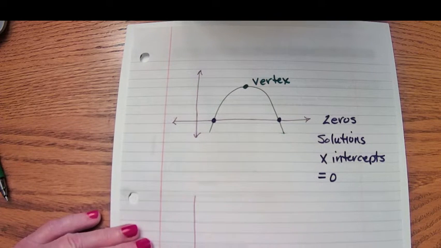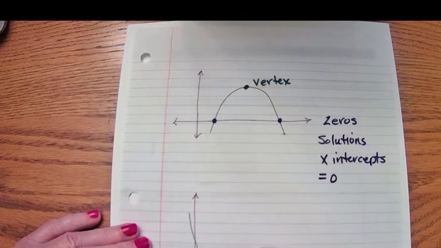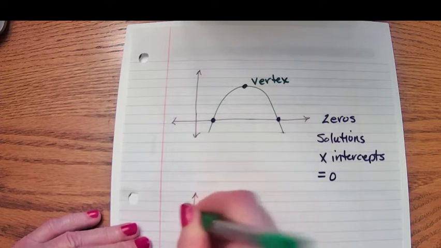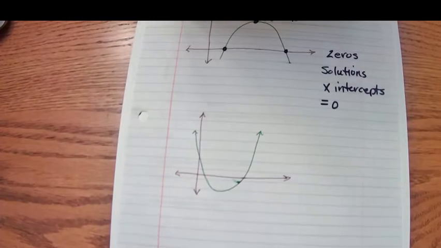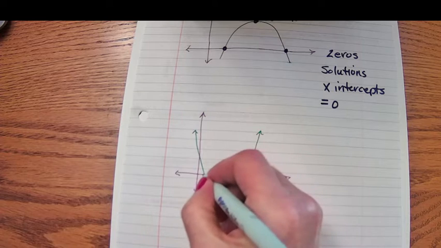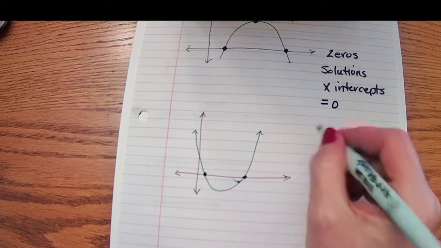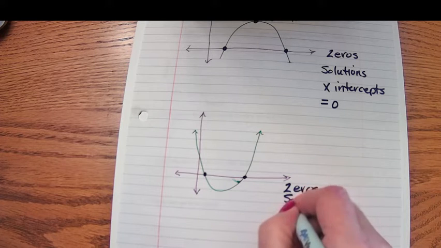I'll give you another scenario. I don't think we have any of these in our class, but let's say this is the graph of my quadratic. All right, so these 2 blue points right here, those are the zeros. Those are the solutions.